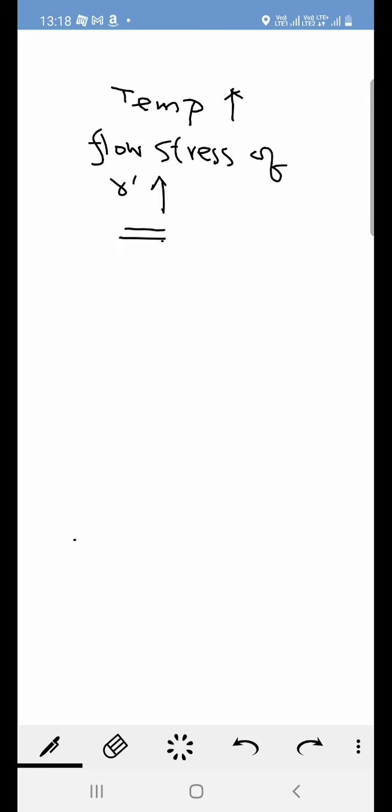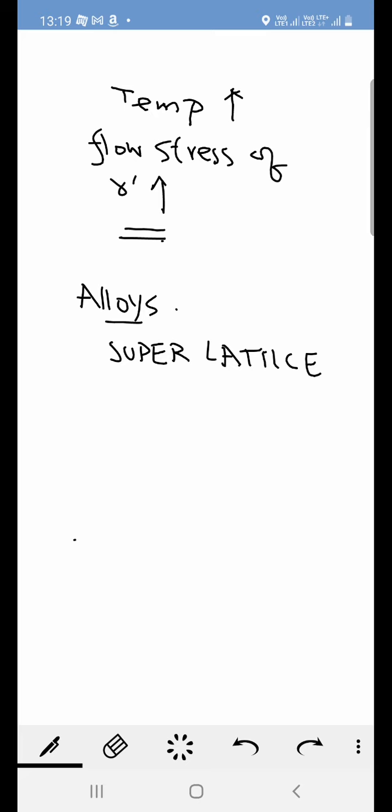Now, as we have already given the introduction of alloys, there is something called a superlattice formation. What is a superlattice formation?